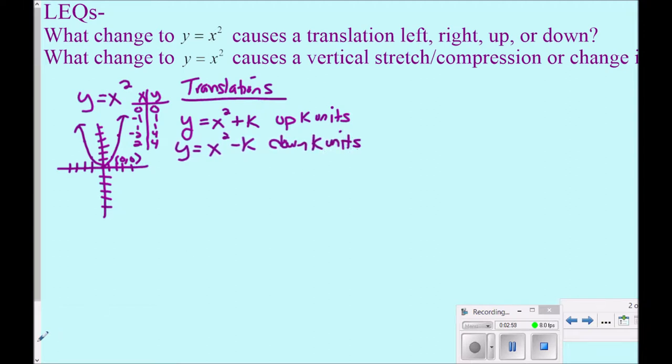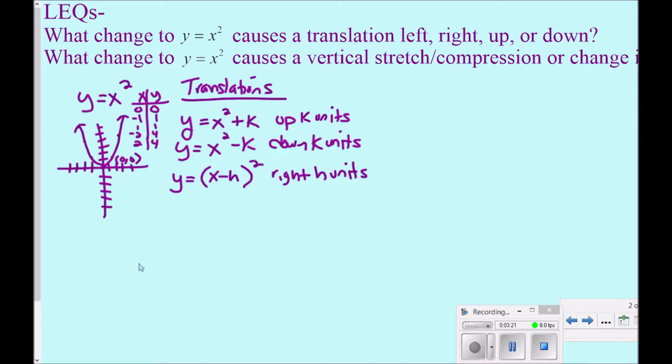So then left, right: remember for absolute value, it's inside the absolute value, adding or subtracting. Well, with quadratics, it's inside the parentheses and squared. So (x minus h) quantity squared would be right h units. And when you write that, you don't want to forget the squared.